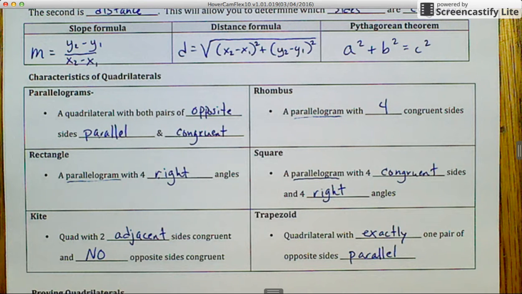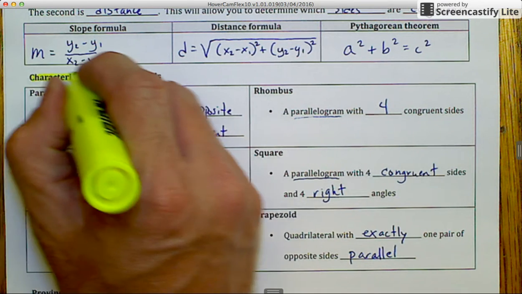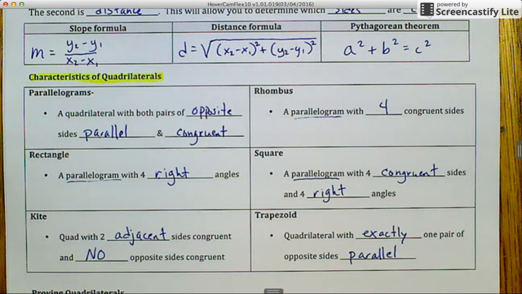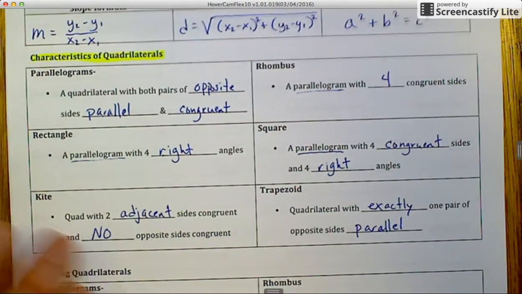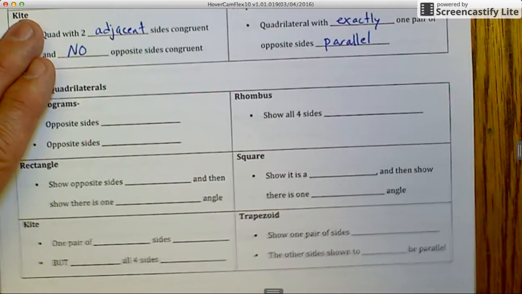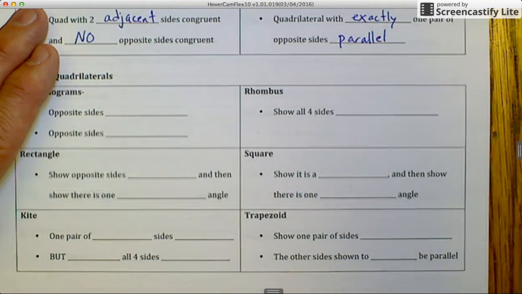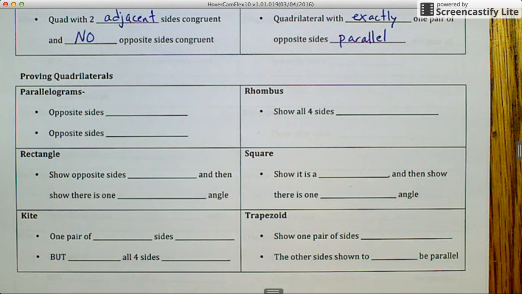Okay, so those are, and I'm going to highlight that, these are your characteristics of quadrilaterals that we're going to be dealing with. So you want to write those down. The last part that we're going to do for part 1 of the video is proving quadrilaterals.